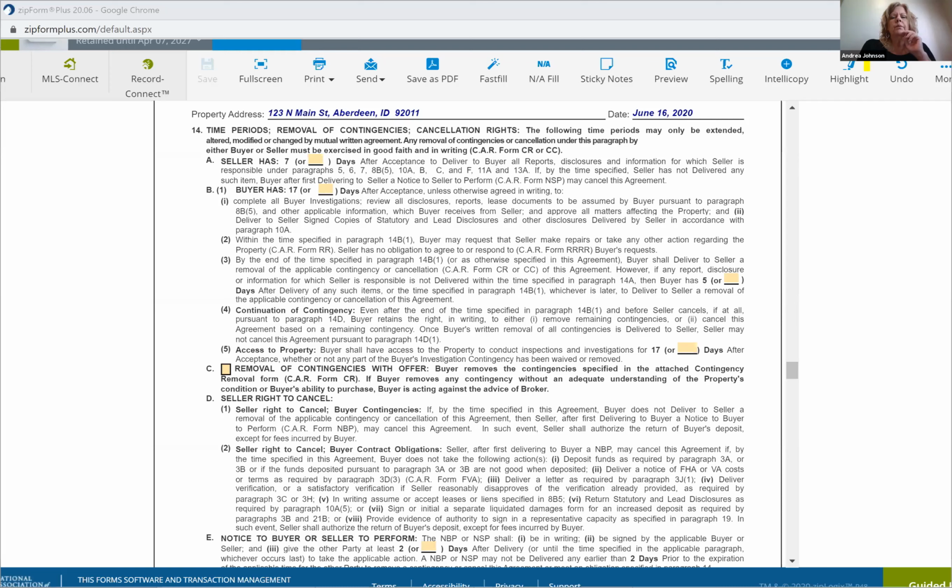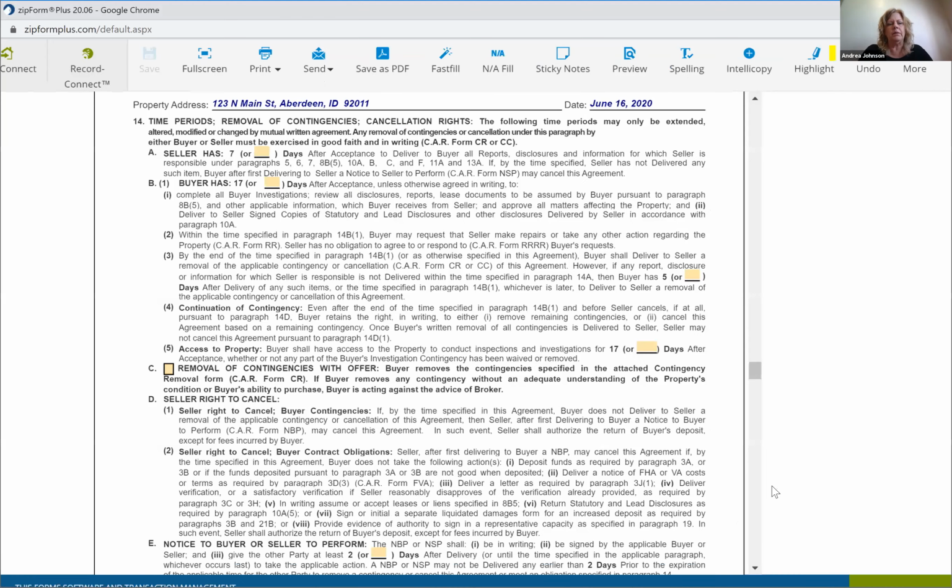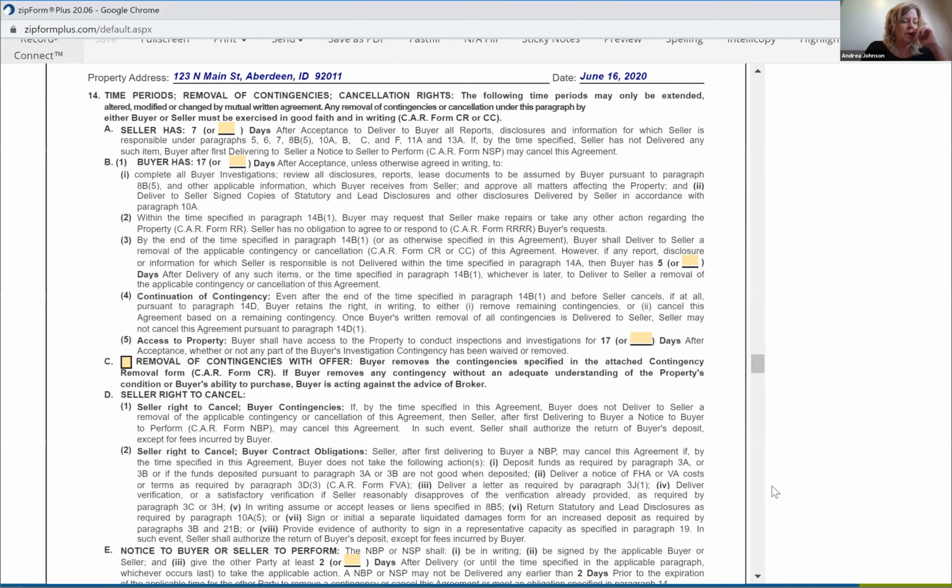Okay, picking up where we left off yesterday at page 6, paragraph 14, which is really a defining paragraph in the whole RPA and the whole transaction process.